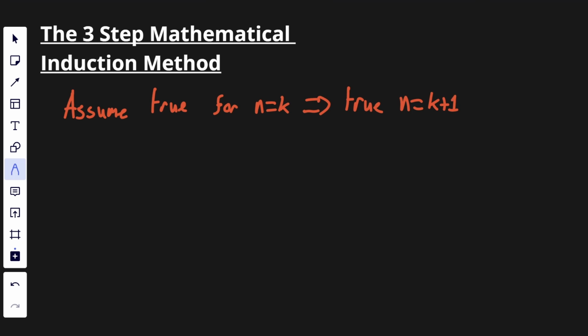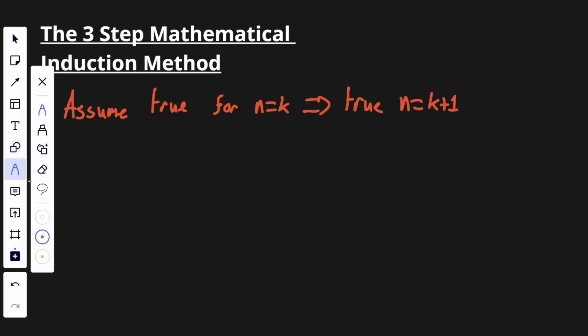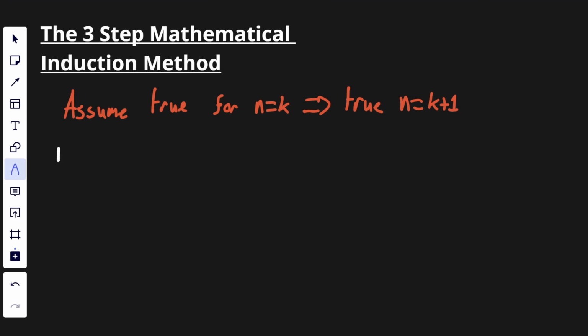So what we've done is, by assuming it's true for k and showing it implies for k plus 1, we've said that whenever there is a number that it's true for, it's going to be true for the number after that. But well, that also means it's true for the number after that. So say we've proved it was true for 1. It would then be true for 2.